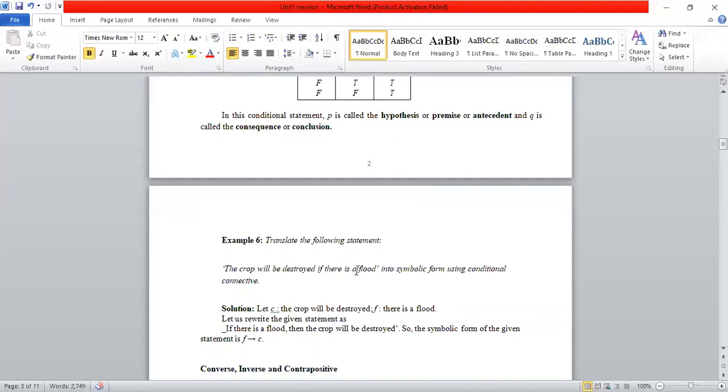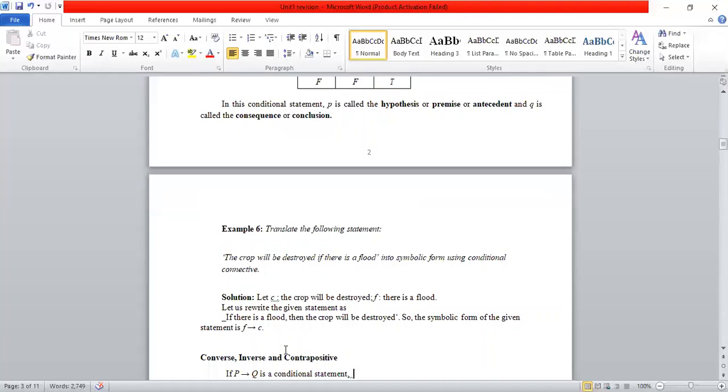If P, then Q is the conditional connective. If P, there is a flood; then the crop will be destroyed. So, in symbolic form, this can be written as F conditional C. F implies C.